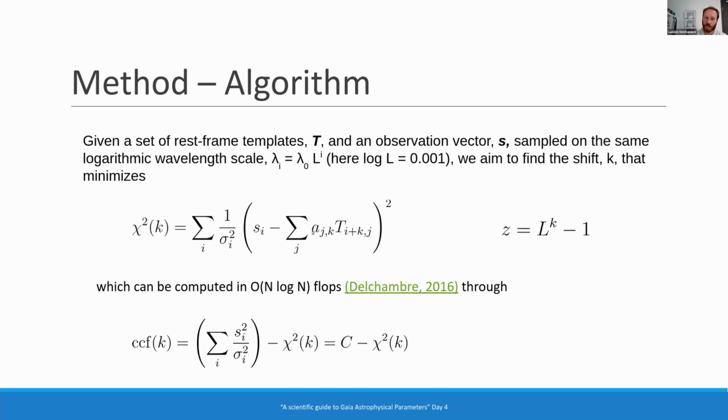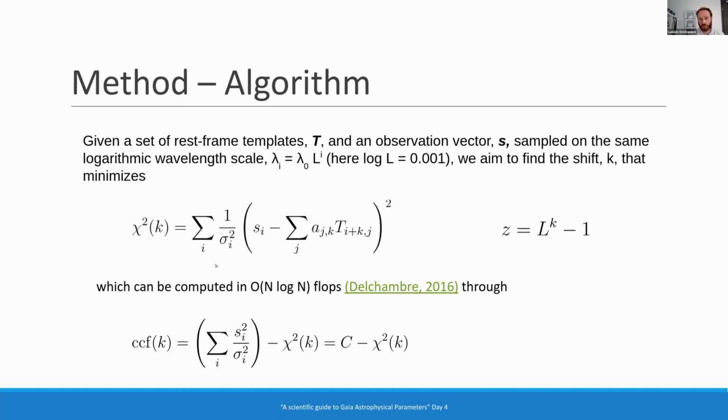So here, the a_k are the linear coefficients that minimize this chi-square. If we know k, we can easily retrieve the redshift from this simple formula.